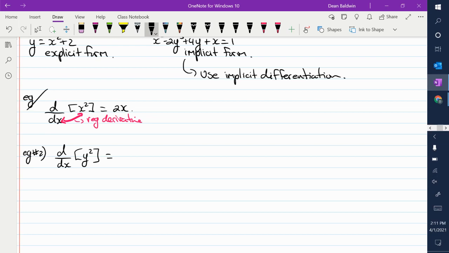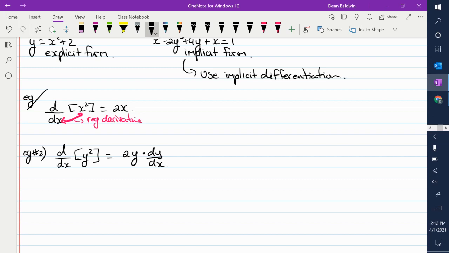There's two functions here. You see the y, the power of 2, and there's a y. So you have to essentially use chain rule on it. So drop the 2 down times y times the inside derivative. What's the derivative of y with respect to x? dy over dx. That's it. We don't know what it is, so we just write dy dx. It's the derivative of y with respect to x. That is the answer.